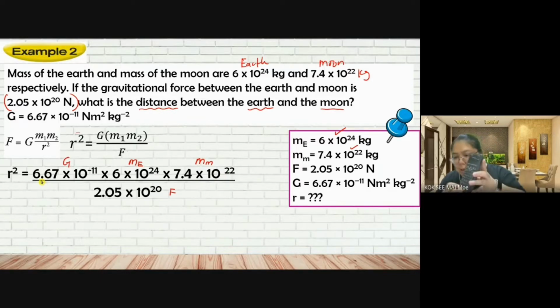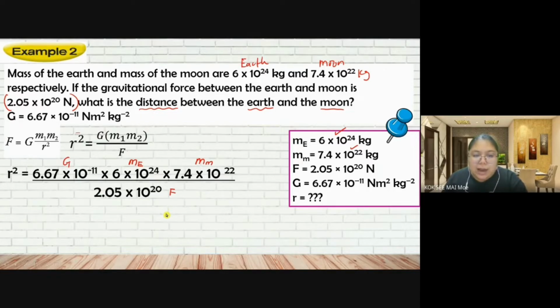Have you seen it? It is multiply 10 power x. So you press 6, then power, and you get power 10 already. You can try: 6, then that button, then put 24. There already is a 6 power 24. Then after multiplying, you divide by 2.05, also with brackets, power 20.